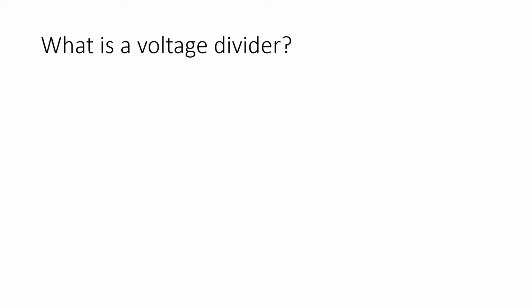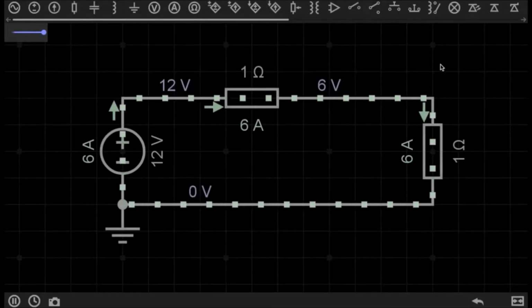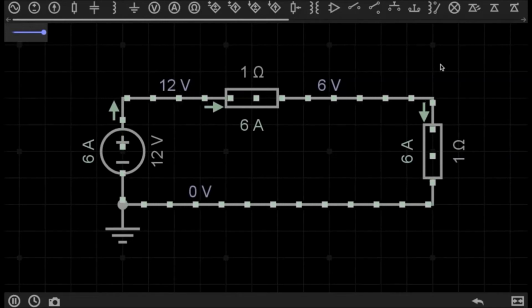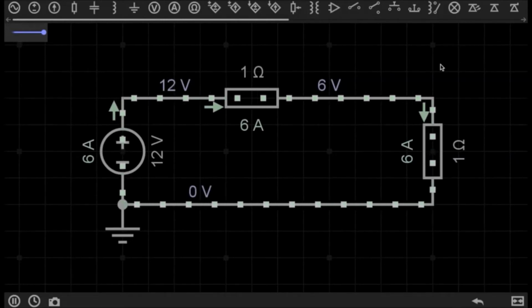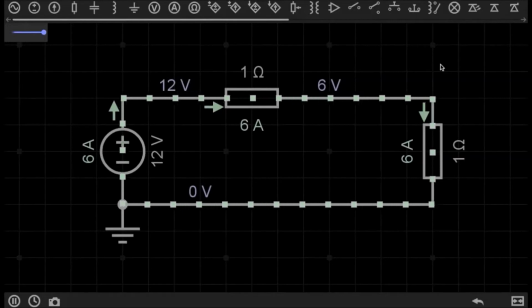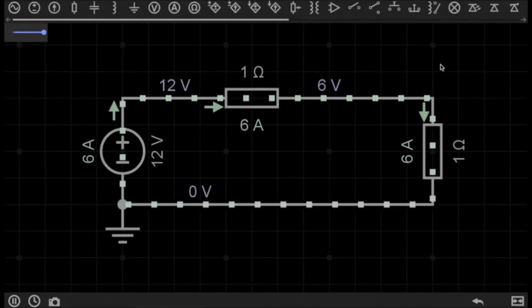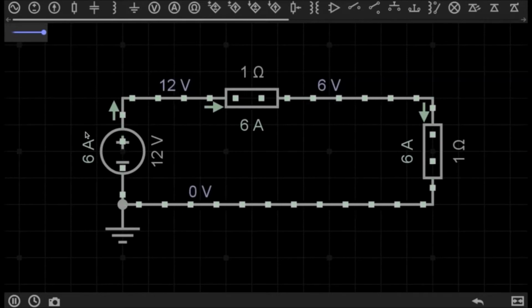In order for us to derive the equation for a voltage divider, it is important to understand what a voltage divider is. A voltage divider will allow you to divide the voltage between two resistors, and therefore allow you to step down the voltage from a power supply to any other voltage that you require. For example, there is a 12-volt power supply powering this circuit.